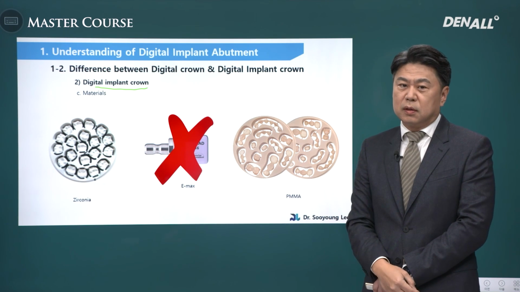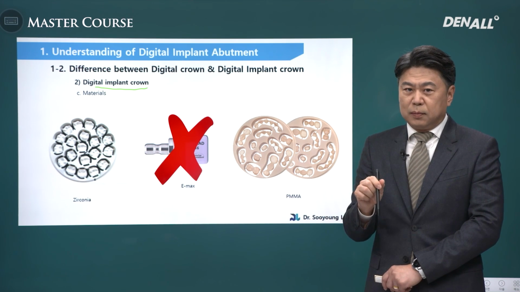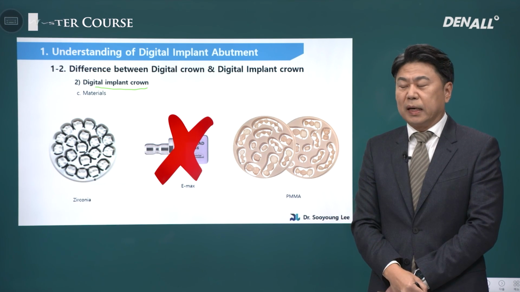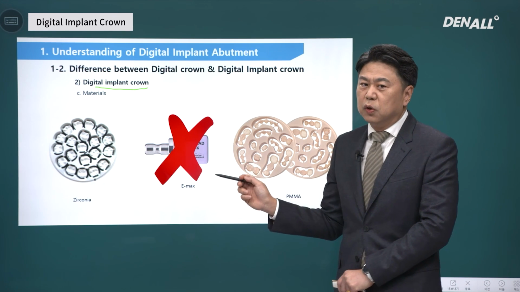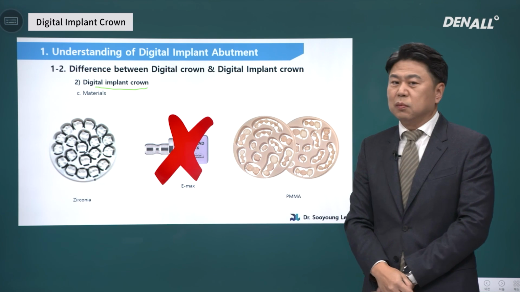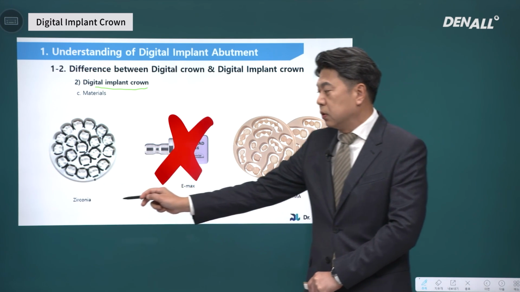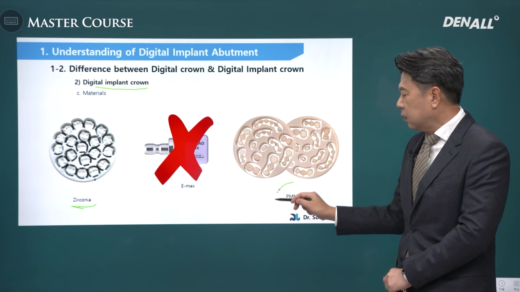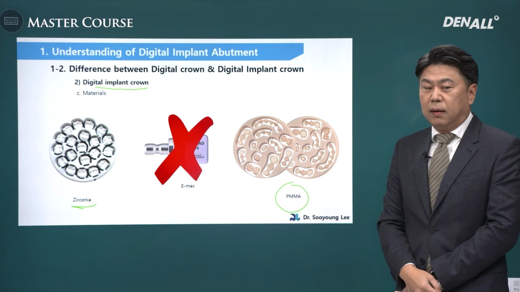For digital implant crowns, we need to make screw holes for ER type, and the material is rather weak, so it is not good for making holes. Usually, zirconia is used in that case. For temporaries, PMMA is used quite a lot.